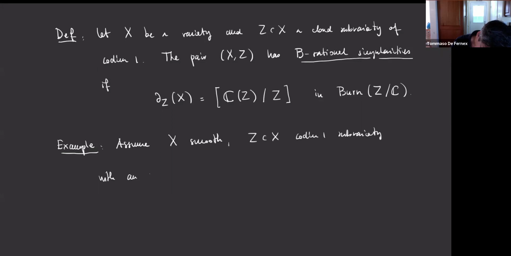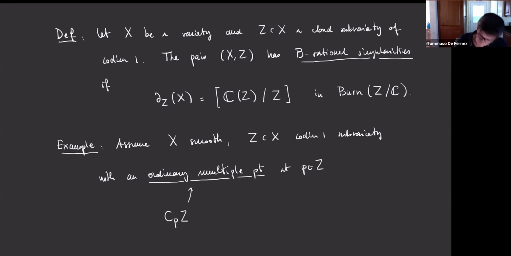with an ordinary multiple point. At some point P it has only such singularities. So what does this mean? By this, I mean that if you look at the tangent cone of Z at P, this is smooth away from the vertex.